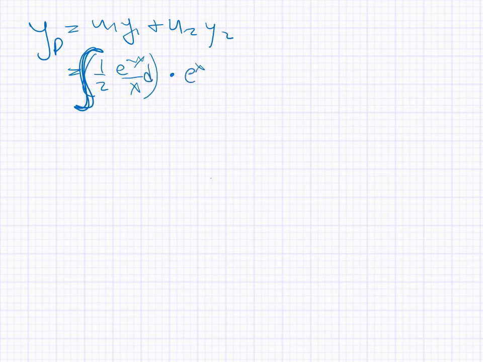Plus u2 was that other integral of minus 1/2 e to the x over x dx, and that was times e to the negative x, because that was y2.